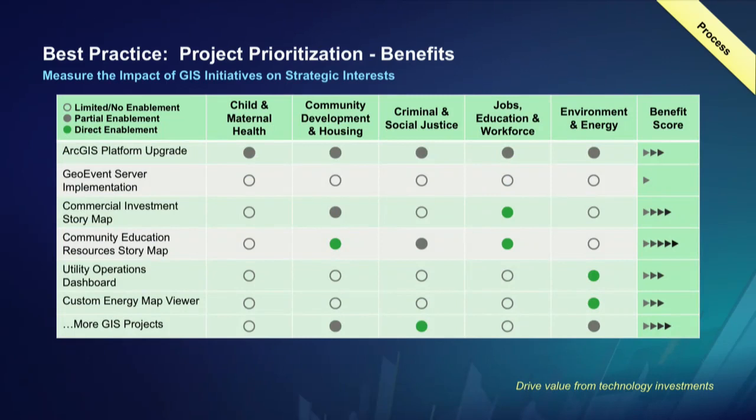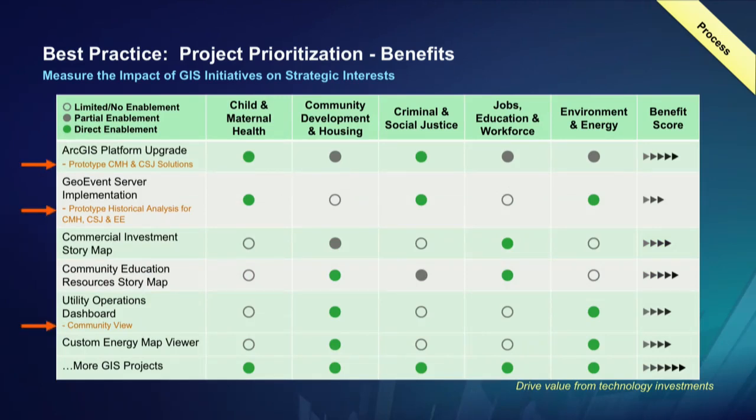Similarly, you can assess the benefits of specific projects by gauging their impact on strategic areas and goals. You might even find some opportunities to enhance the projects that you were going to deliver in ways that might either increase or create strategic alignment, and thus increase their value to the business overall.